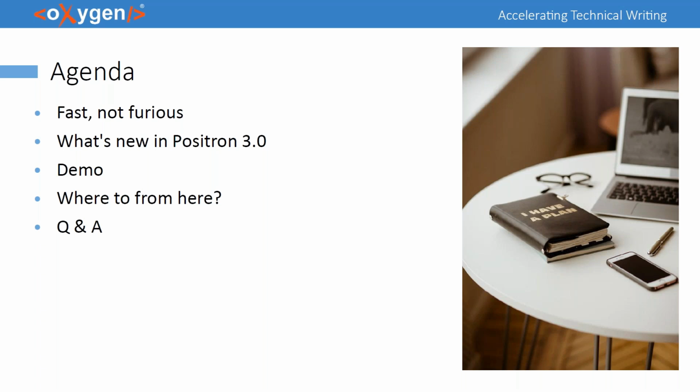Then I want to make a connection with the new features in the latest version, Positron 3.0. I will demo most of them, and then I will also share with you some future directions where we are heading to. And towards the end of today's webinar, we have our customary Q&A time.